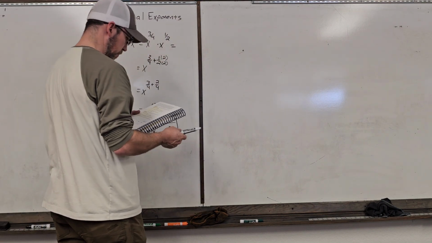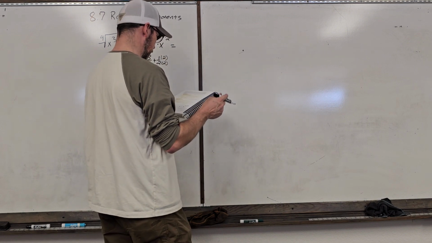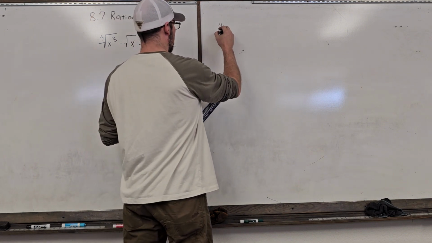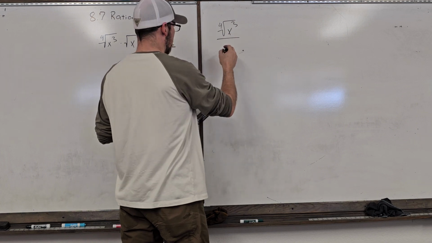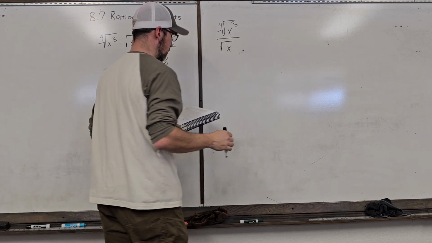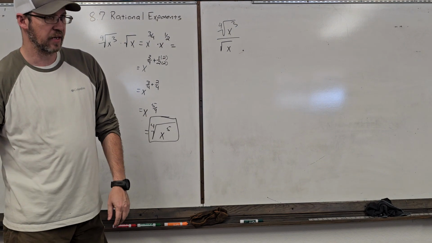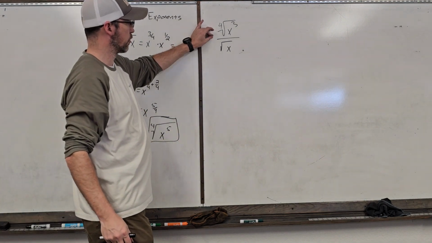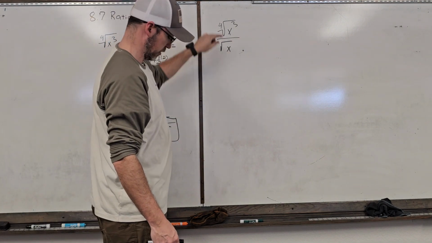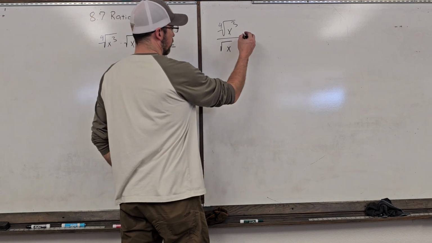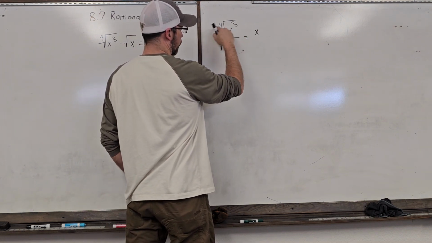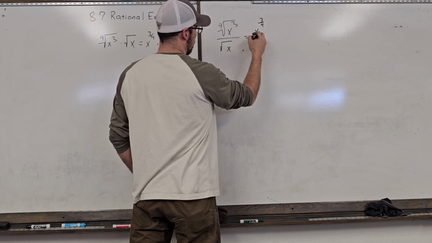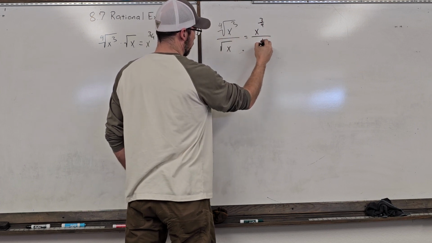I'm going to look at another one because I know we can make it harder than it should be. If I have the 4th root of x cubed divided by the square root of x, again, I can't use the quotient rule. I can't bring them under one radical because the indexes are different. So what I need to do is change it to exponential notation. x to the 3 over 4 over x to the 1 over 2.